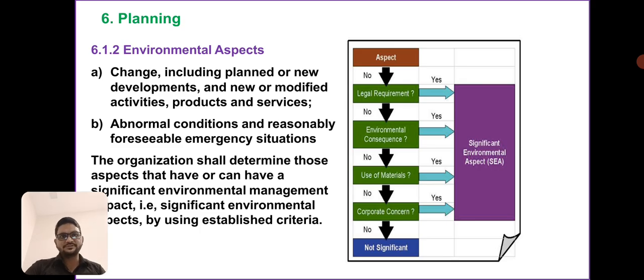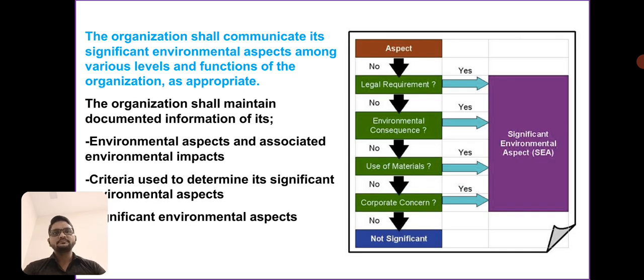Means emergency situations or any changes we need to focus on. Now, the organization shall communicate its significant environmental aspects among the various levels and functions of the organization as appropriate, and the organization shall maintain documented information of its environmental aspects and their impacts related to other processes, and significant environmental aspects and associated environmental impacts.